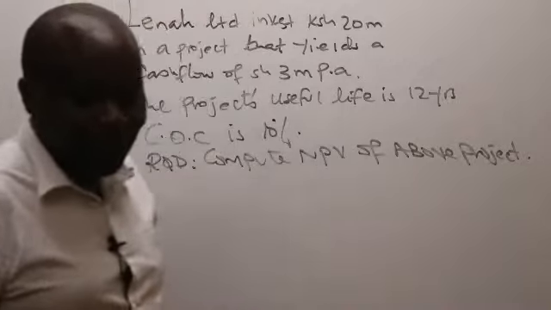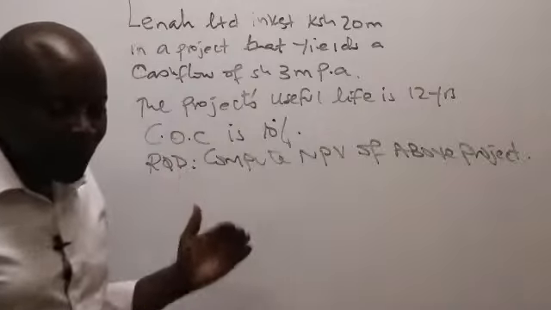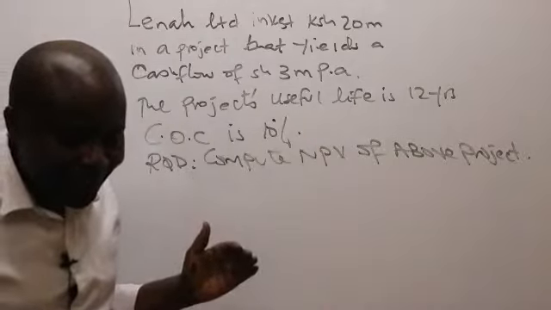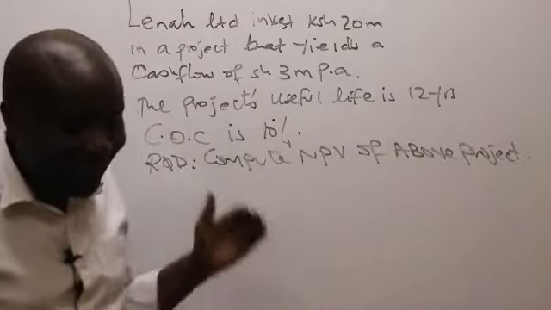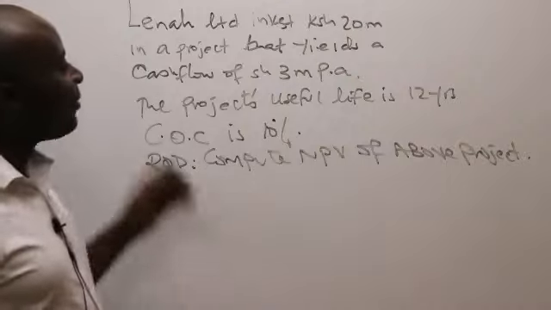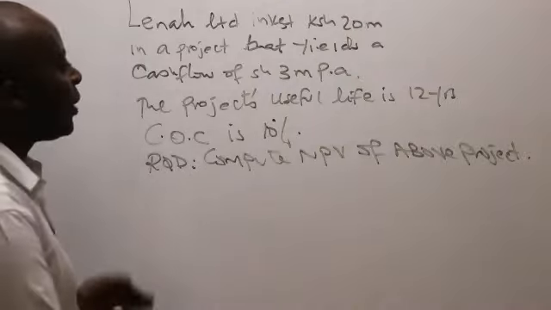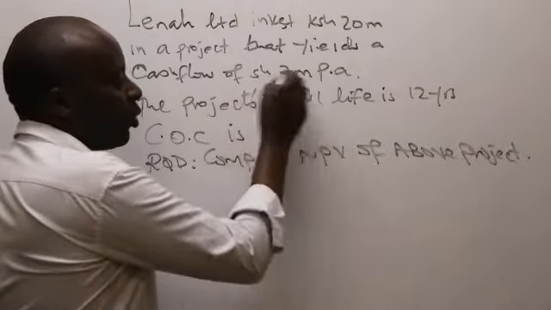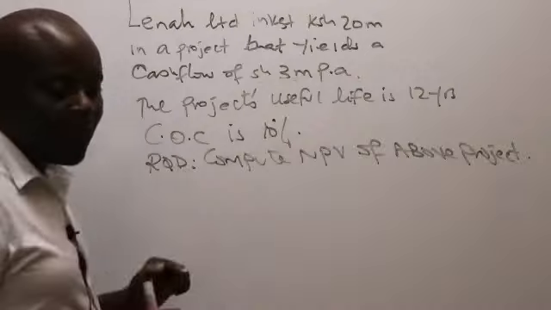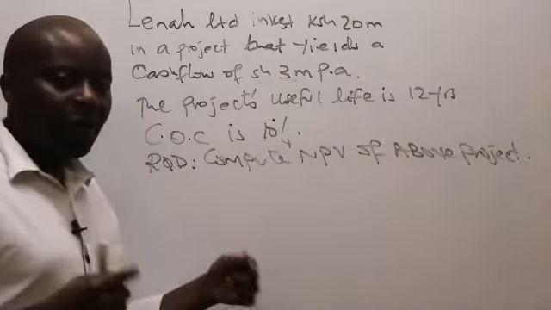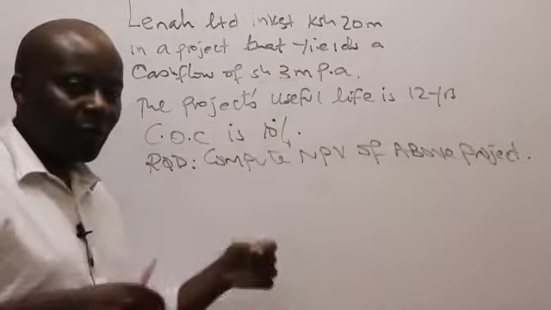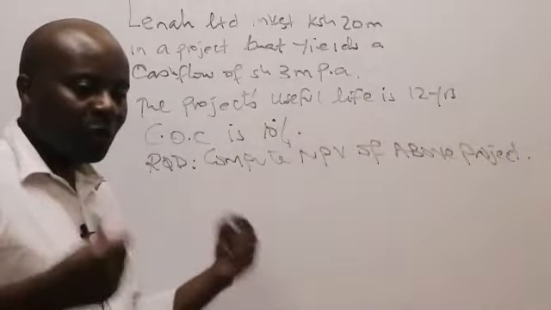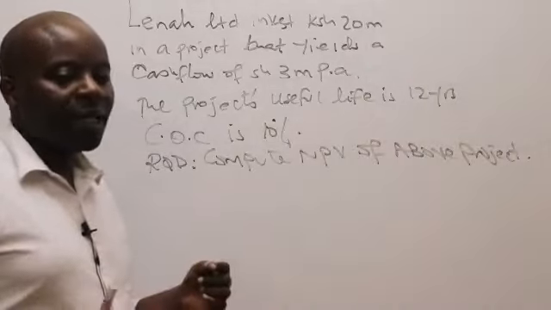Now, ladies and gentlemen, I'm so sure most of us must have realized something to do with uniformity. This cash flow will be 3 million, which will be received every year. 3 million year 1, 3 million year 2, all the way to year 12, 3 million. So it's a uniform cash flow.